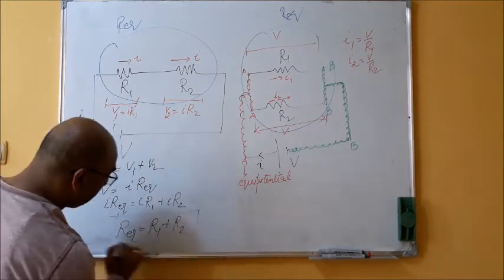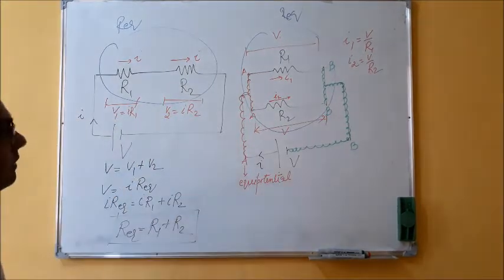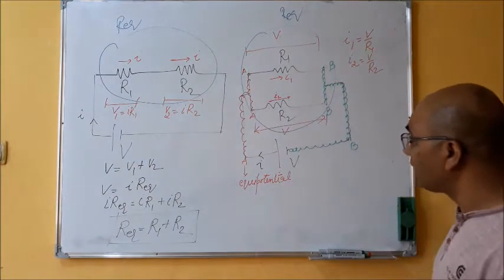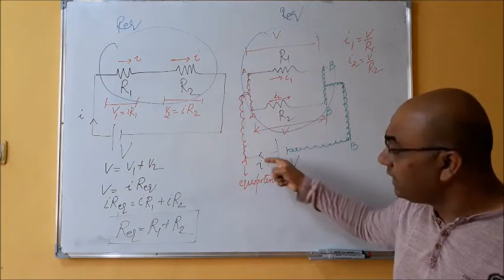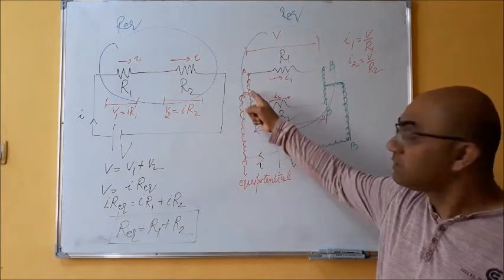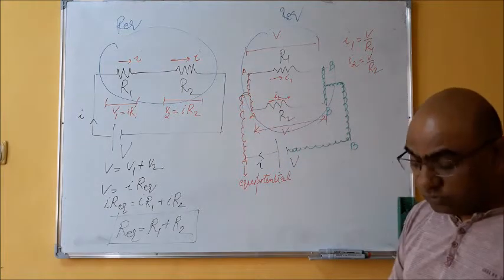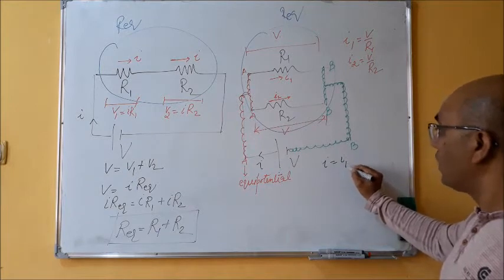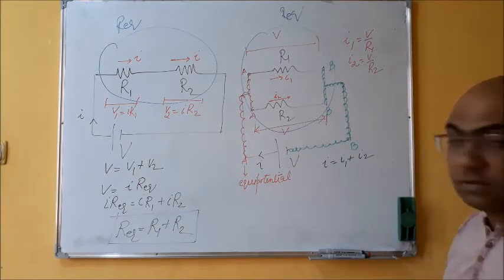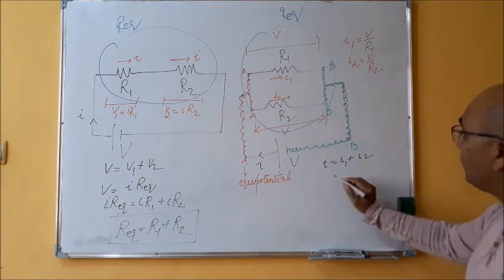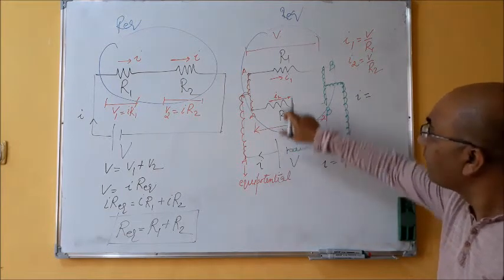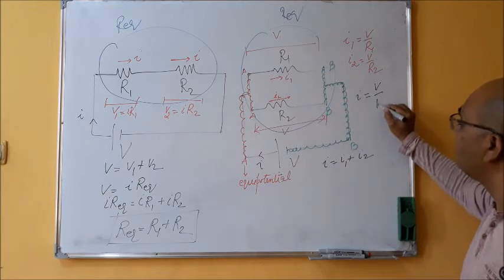In the same way, if I move to the parallel circuit, the current I is going from this point and is distributed as I1 and I2. So I is equal to I1 plus I2. If this is R equivalent, then I is V upon R equivalent.